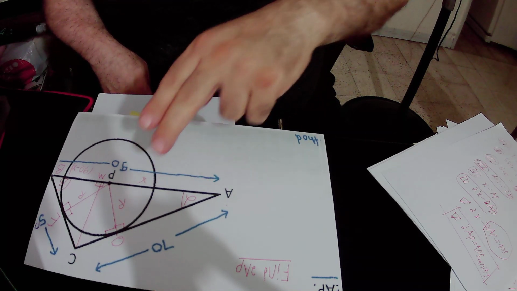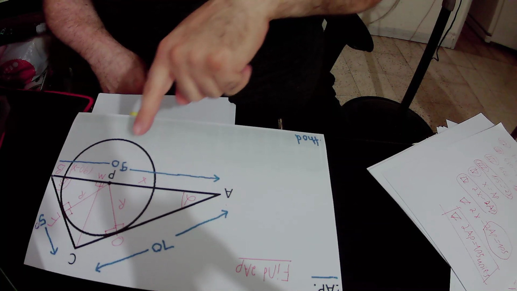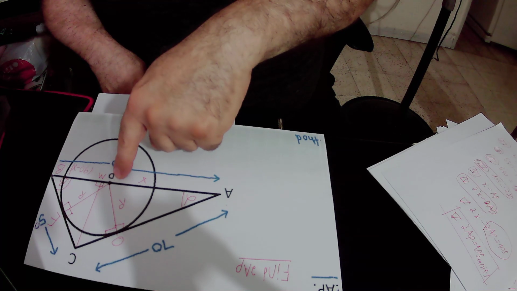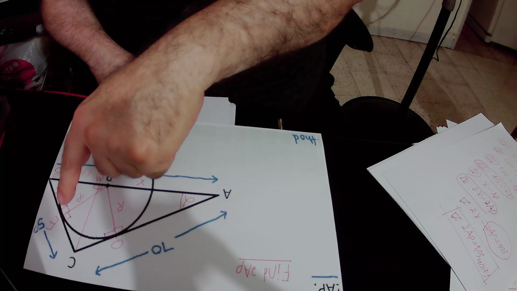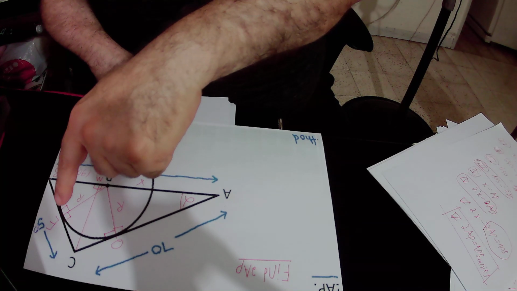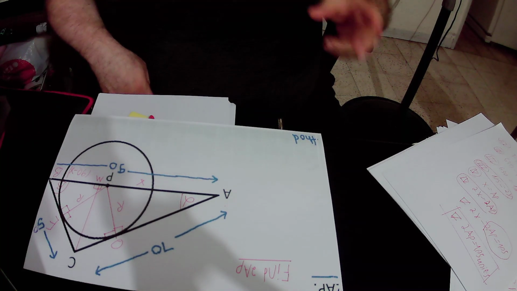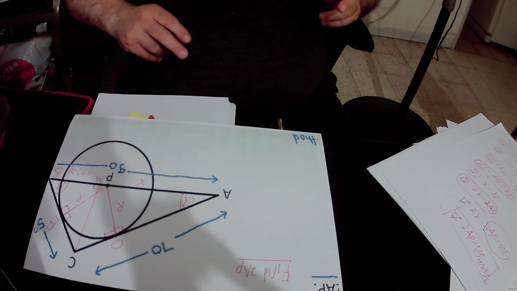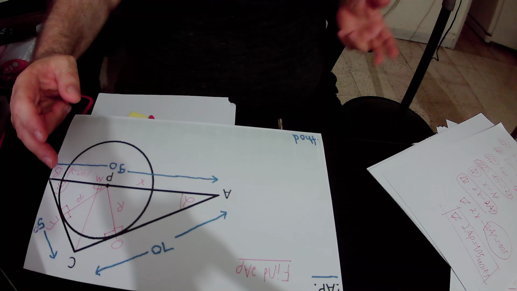So PO is the radius of the circle, and also PE is the radius of the circle because it starts from the center of the circle and ends at point E on the circle. For that reason, PE is also the radius of the circle. So we have 2 radiuses of the circle and 2 tangents to the circle.